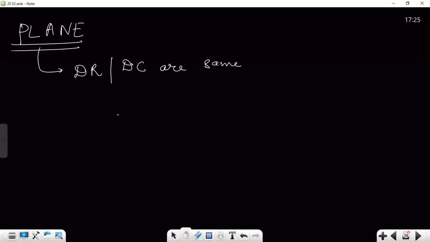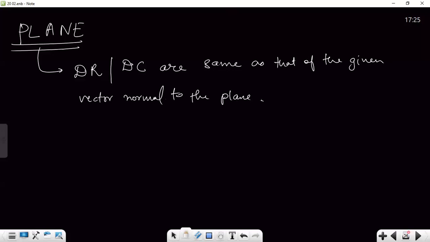So the direction ratios and the direction cosines will be the same as that of the given vector normal to the plane. Why? Because when we are talking about the plane, it does not have any direction.